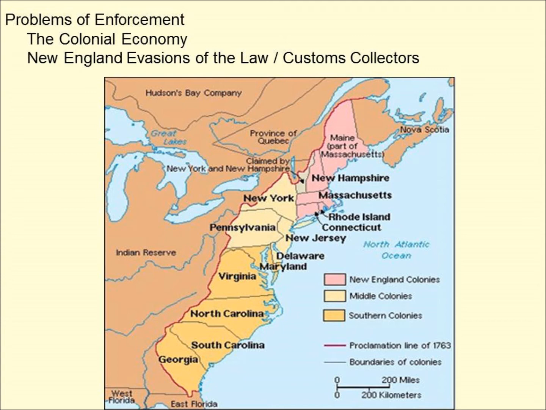But gradually word began to filter down to the English, to Parliament, that the colonies were not obeying all those rules. And it didn't take them long to figure it out. And in 1673, they decided to do something. They said that custom duties, don't call them taxes, custom duties on those enumerated goods you read about in your textbook were to be collected when they were loaded in America.